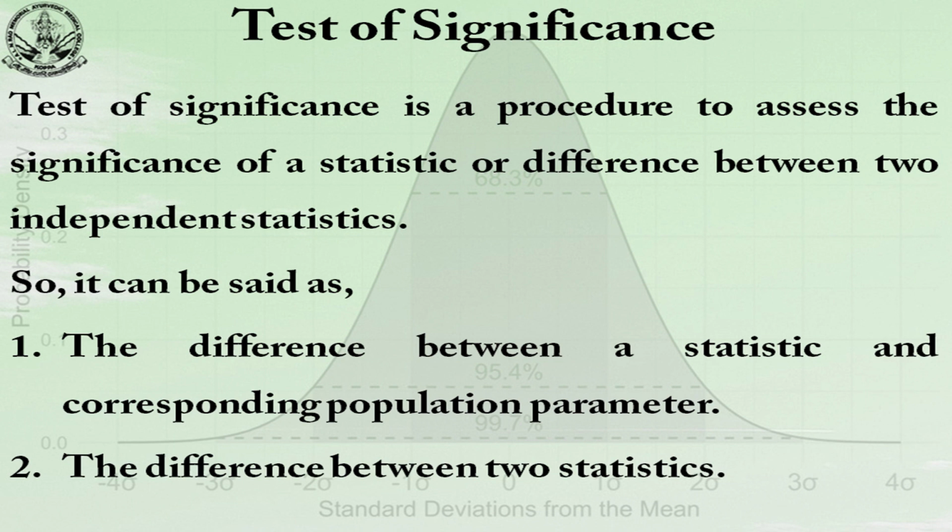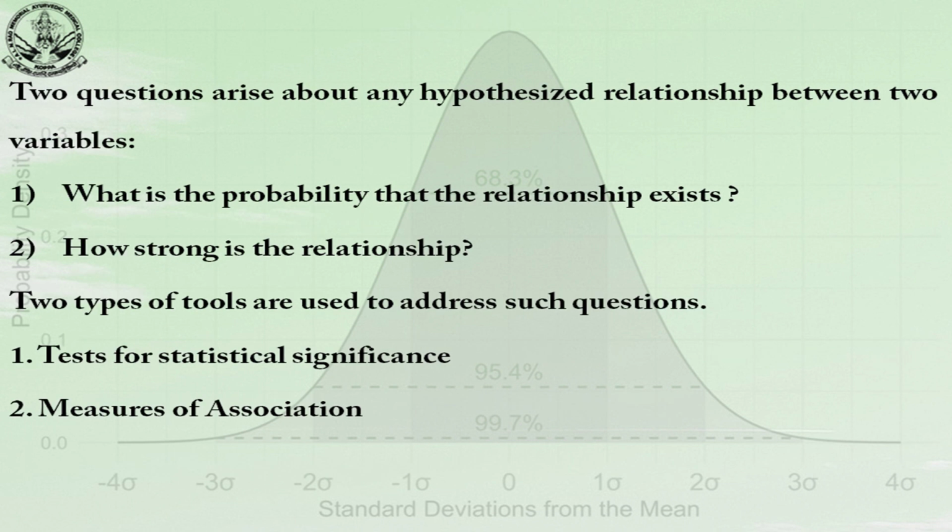A test of significance is a procedure to assess the significance of a statistic or the difference between two independent statistics. So we can say that the difference between a statistic and the corresponding population parameter is there or not, or the difference between two statistics is there or not.